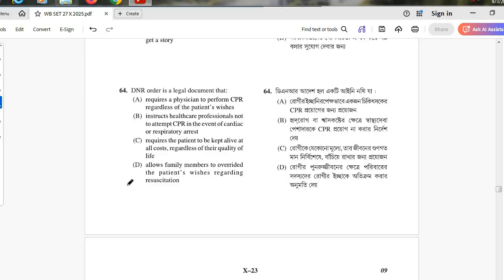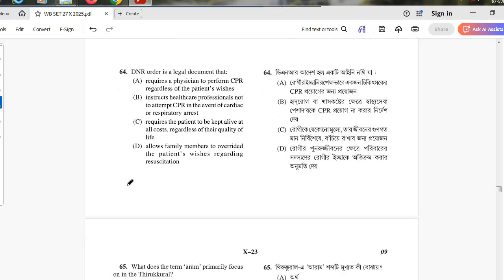Question 64. DNR order is a legal document that A. requires a physician to perform CPR regardless of the patient's wish. Option B. Instructs healthcare professionals not to attempt CPR in the event of cardiac or respiratory arrest.